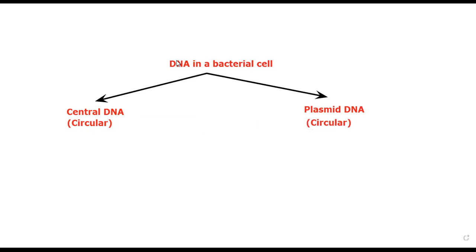In these two, for the central DNA only, the name given is chromosome. The plasmid is also DNA, but it is not called by the name chromosome. The reason, later in unit number 7, you will study in full detail.